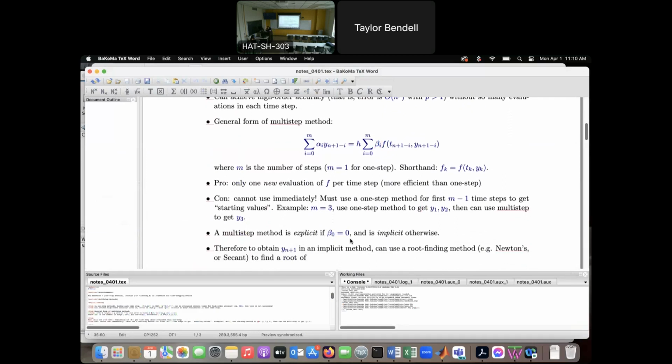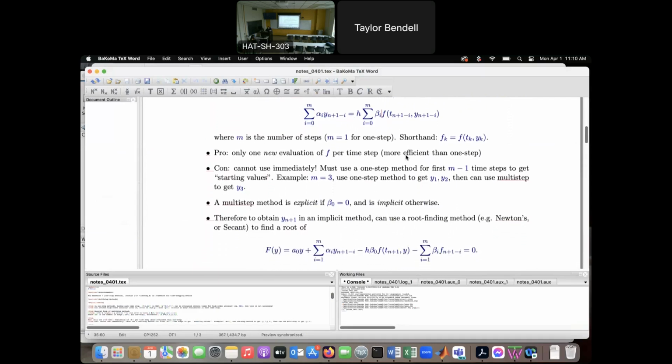If you do have an implicit method, then just like with one-step methods, you need to carry out some iteration to compute yn plus 1. Really what you're doing is trying to find a root of this function, capital F, of y. What I've done here is taken this multi-step method, and wherever I had yn plus 1, I just call it y, with no subscript.